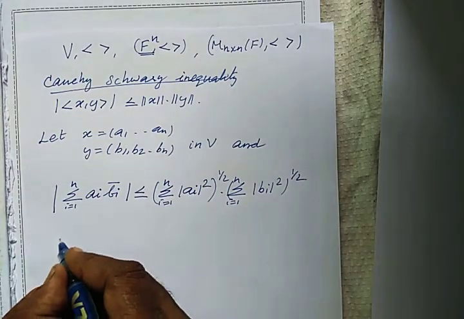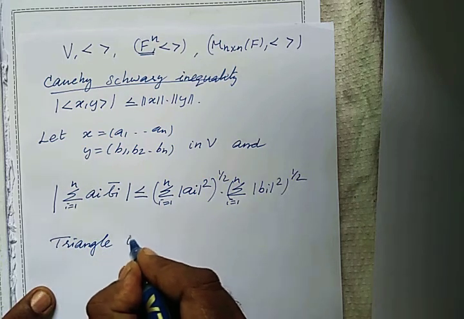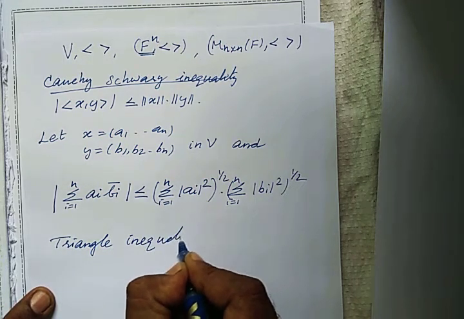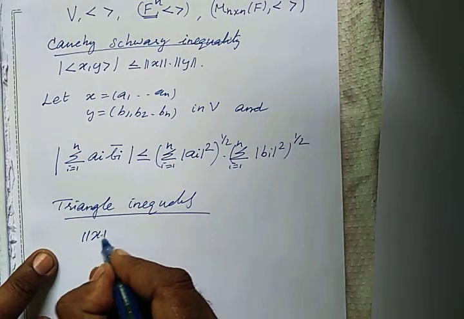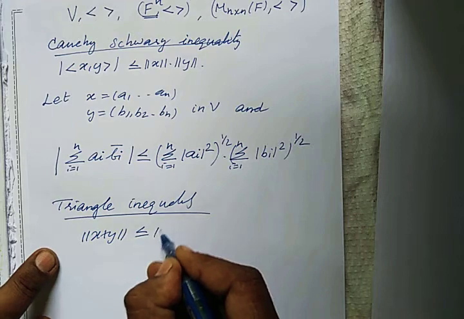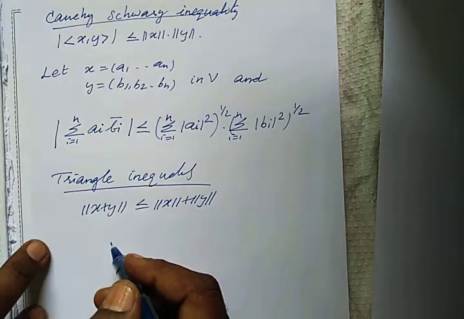Similarly, we have seen the triangle inequality. What is the triangle inequality? Norm of x plus y is less than or equal to norm x plus norm y. This is the triangle inequality.